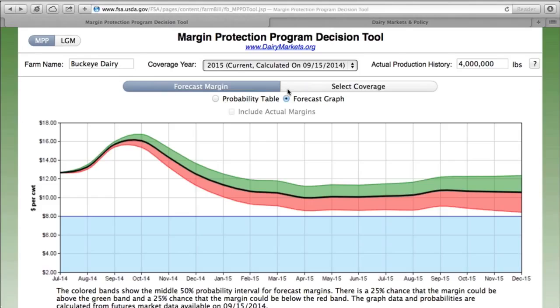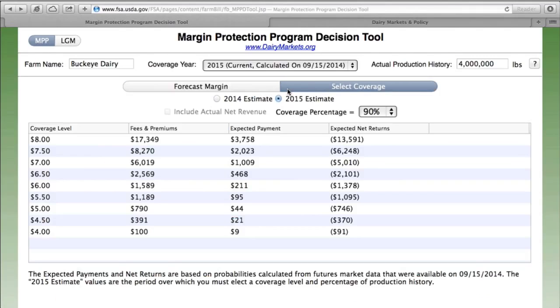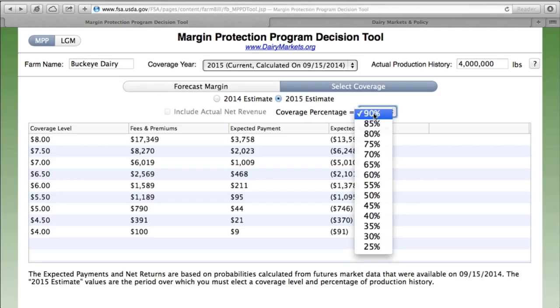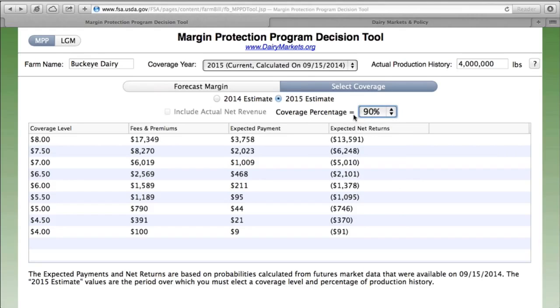Go back to forecast graph. Let's go to select coverage. Here, farmers can use the drop-down box to change their coverage percent from 25 to 90%. And they can look at what it's going to cost to buy this coverage level and what my expected MPP payment is based on the probability that MPP payments could be made.